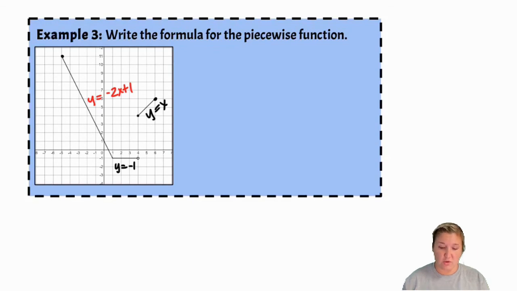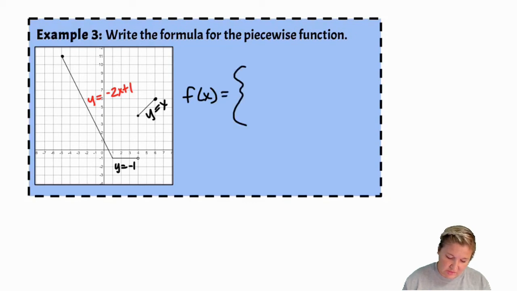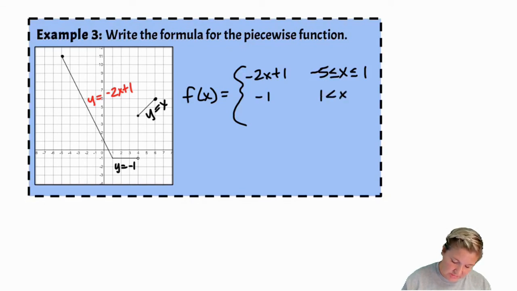So we'll need to make sure we note that. The formula here, let's just call it f of x, is negative 2x plus 1 for negative 5 is less than or equal to x, less than or equal to 1. And then f of x is equal to negative 1 for values of x between 1 less than x less than 4.